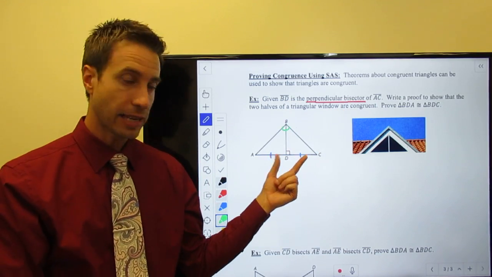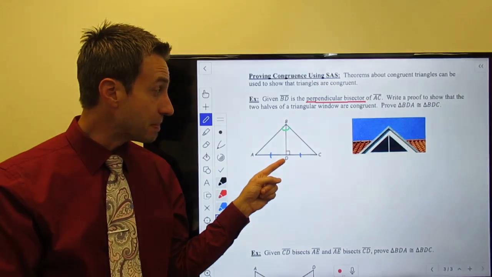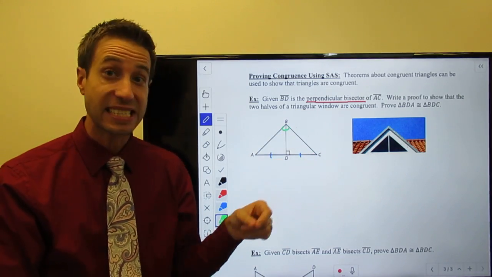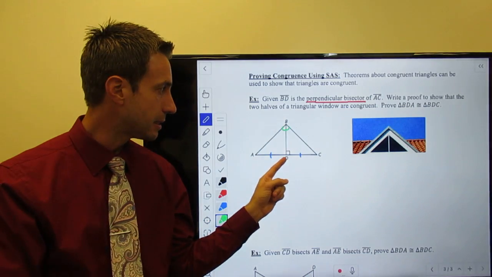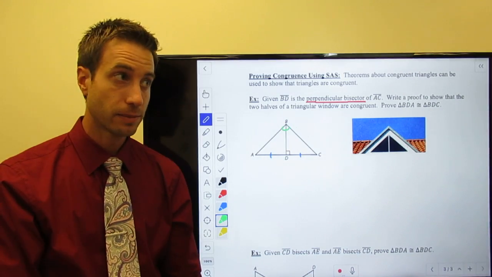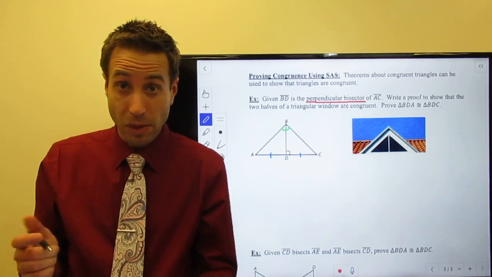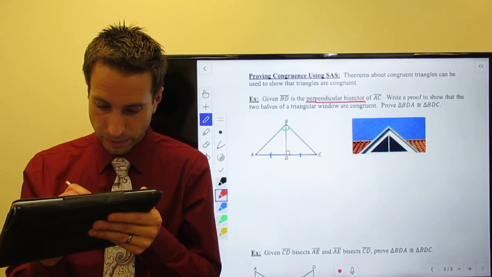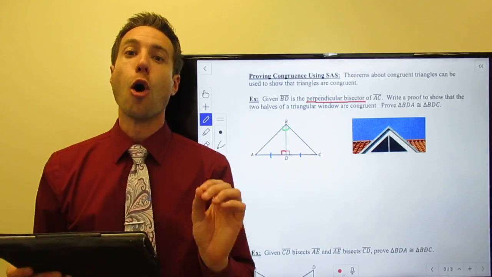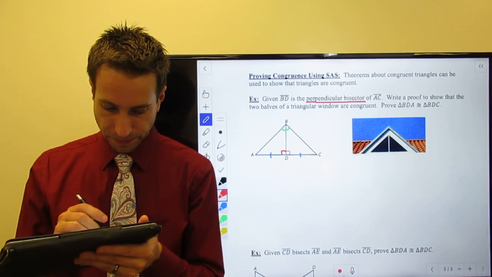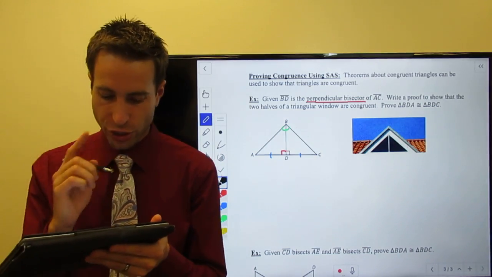Also, look down here. Perpendicular bisector means if angle CDB is 90 degrees, what do you know about angle ADB? Yeah, it's got to be 90 degrees. Okay, so here we go. Here's what we're going to show.